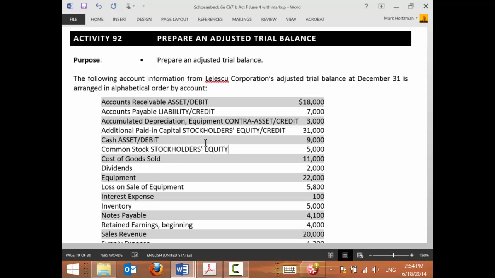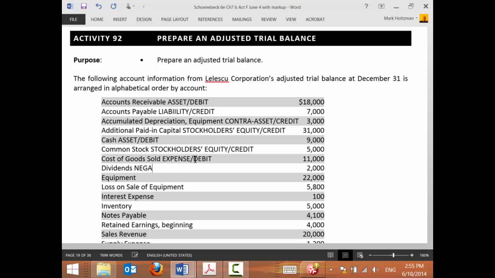Stockholders' equity, and that's a debit or a credit? Credit. Cost of goods sold, what kind of account? Asset, think again. It's an expense. And what kind of balance does it have? A debit balance.